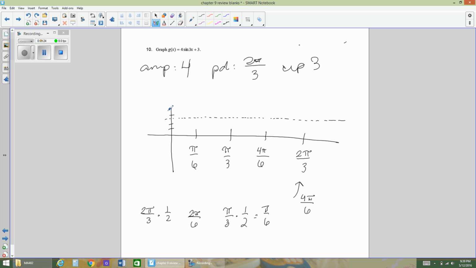Here's 1, 2, 3, 4. Remember, sine starts up. So I need my dot right here, my point, and then 1, 2, 3, 4. Let's see, and it starts by going up, so I put that in the wrong spot. So 1, 2, 3, 4 go up.